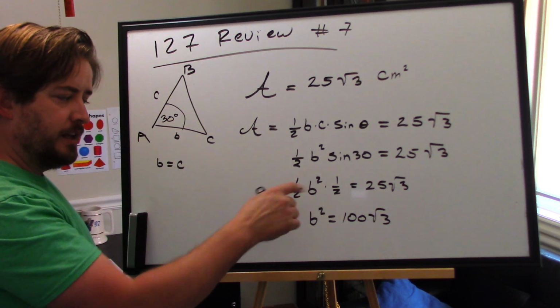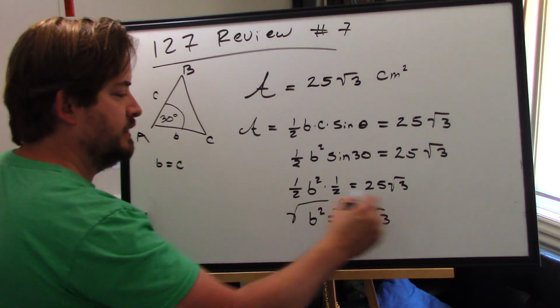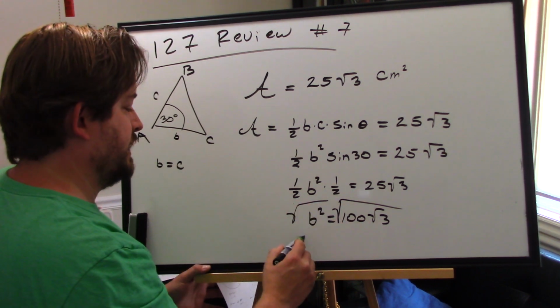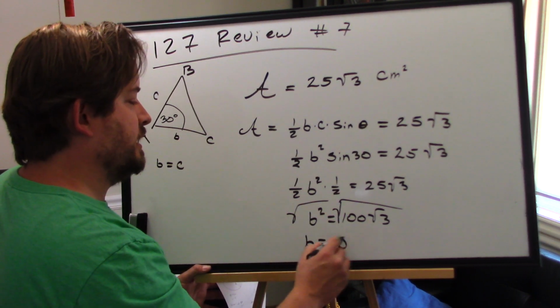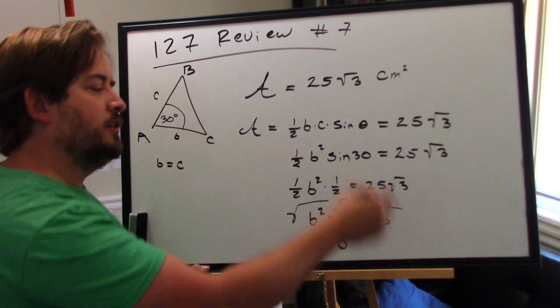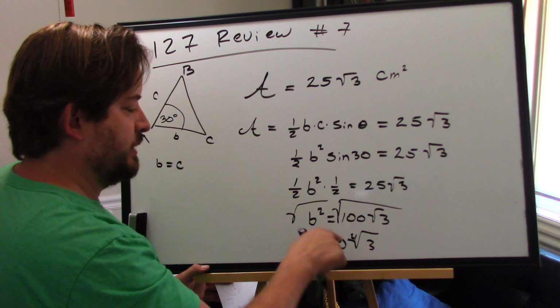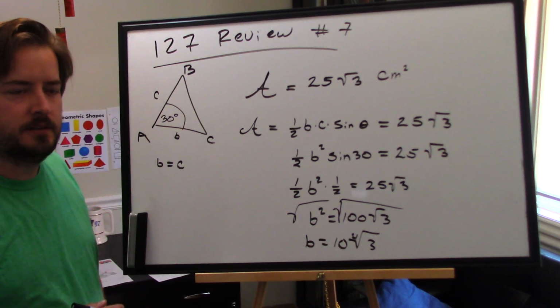And to find B, I just take the square root of both sides, and so I have a root under a root, but the square root of 100, I can take that out as 10, so I have B equals 10, and then I have a square root of 3 under a square root, that's a 4th root. And that's how we get that 10 4th root of 3 answer.